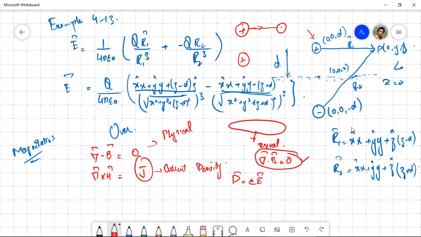The counterpart of this in magnetostatics is B equals mu H.